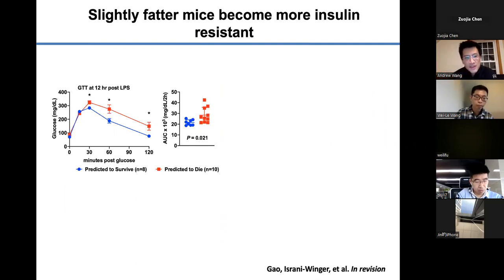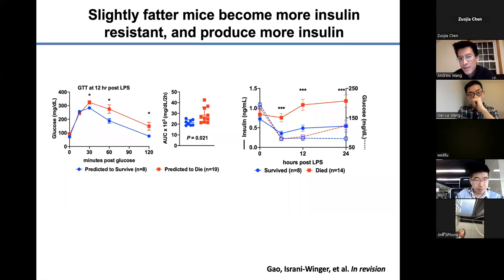In this experiment, Michael and Kavita did MRI on the animals and then made a prediction based on their percent body fat of who was going to live and who was going to die, and then did a glucose tolerance test to see how sensitive they were to insulin. We also did insulin tolerance tests. And the bottom line is that these mice appeared to be more insulin resistant after LPS.